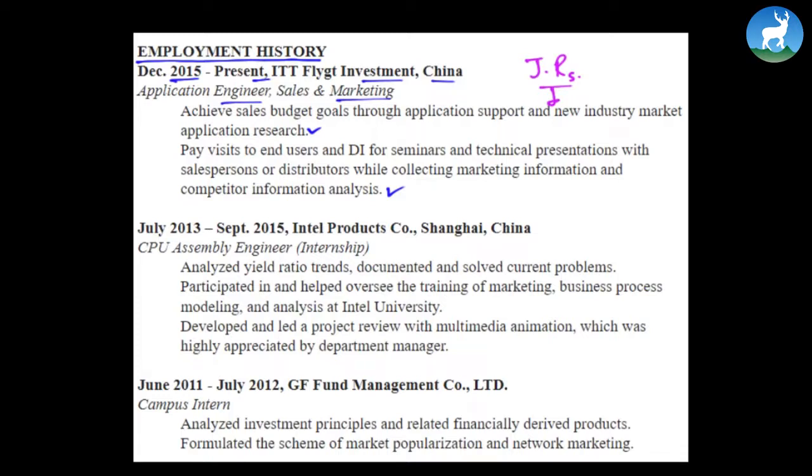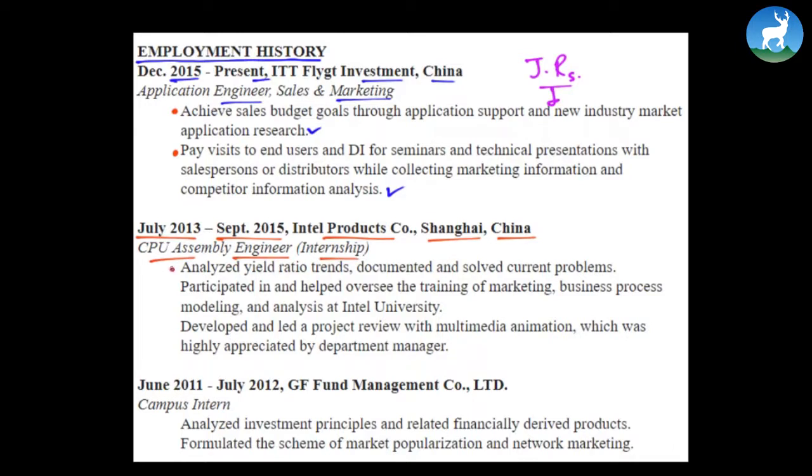So our person, Deepta Sharma, has been working as an application engineer and sales marketing, and he has got these two job responsibilities. Before that, he used to work in Intel Products Company Corporation, Shanghai, China from July 2013 to September 2015 as a CPU assembly engineer, and that was his internship.